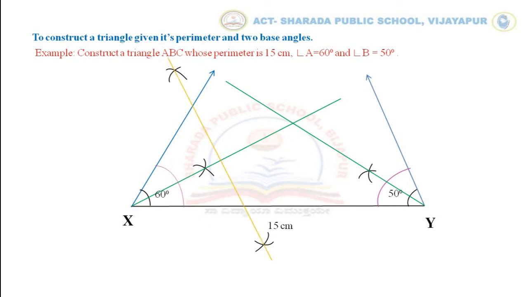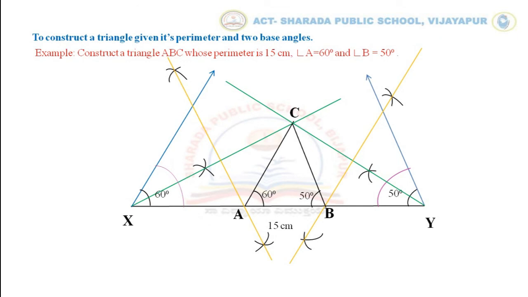You can see that. These two yellow lines, which are the perpendicular bisectors, meet XY at the points A and B. So join them with C, and you will get the triangle ABC.